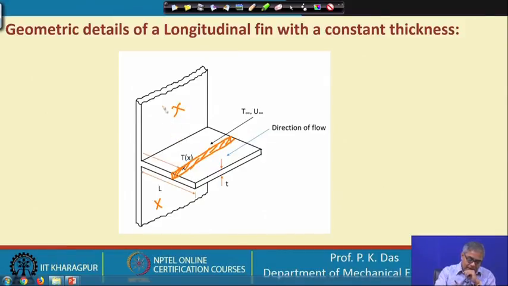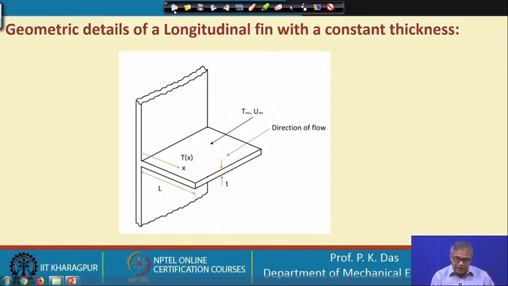The base, the primary surface, is hot. From there heat transfer is taking place through this area. So, this is basically the cross sectional area which is taking part in the conduction.